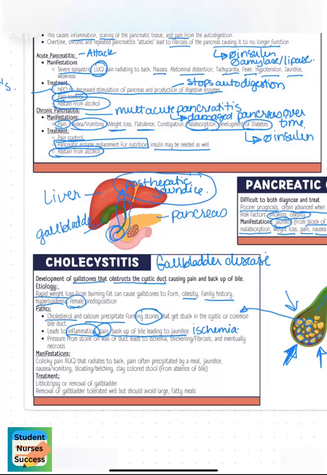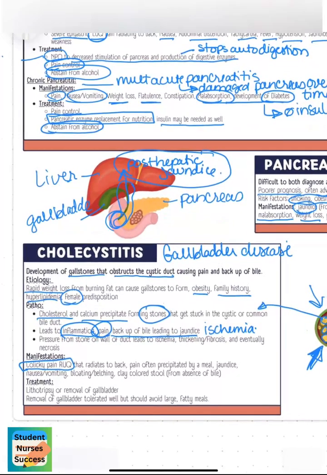Eventually, pressure from the stone on the wall can lead to thickening of that wall and eventually necrosis. With severe pain, that gallbladder needs to be removed. Patients generally present with colicky right upper quadrant pain, and that right upper quadrant pain radiates to the back. And that pain is often precipitated by a meal.